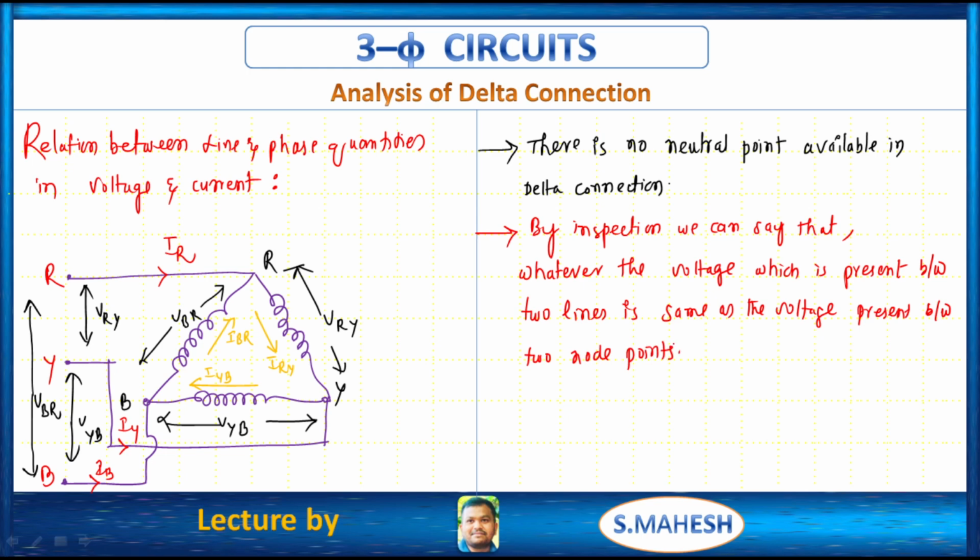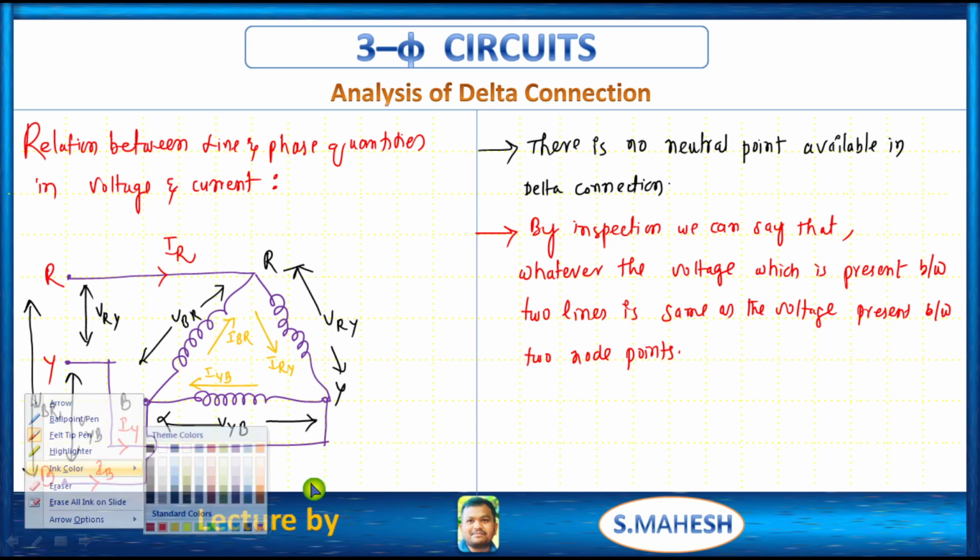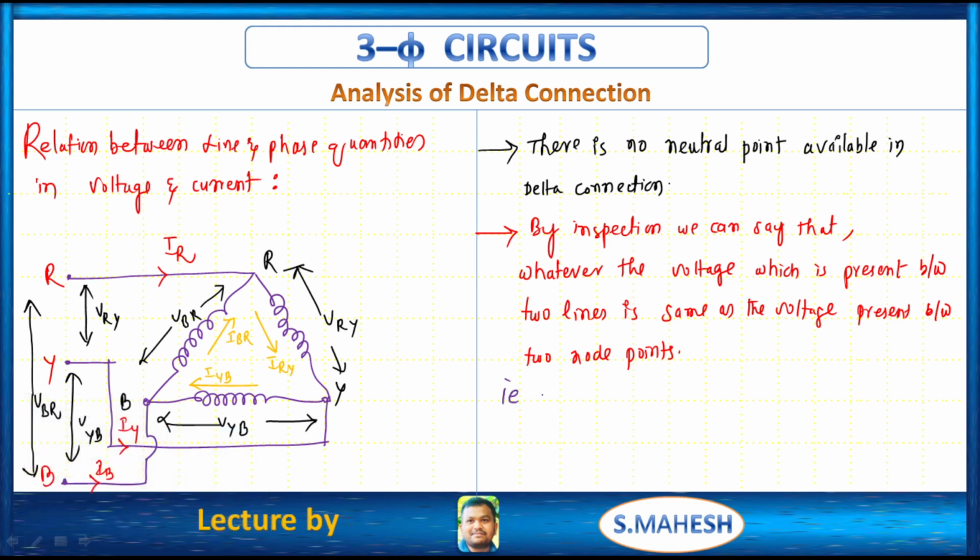Okay, that is, in delta connection line voltage is equal to phase voltages.